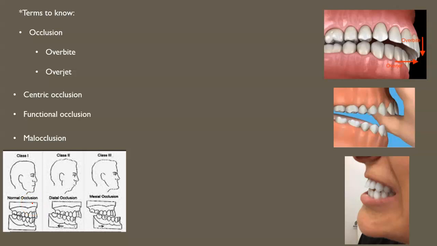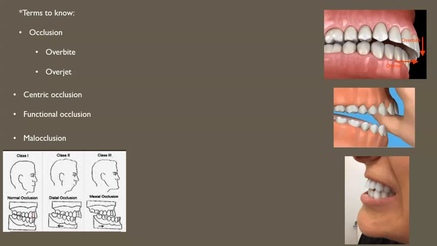We can have a class 1 where the guides we use to determine a normal occlusion are there, but there could be some crowding occurring in the anterior region.